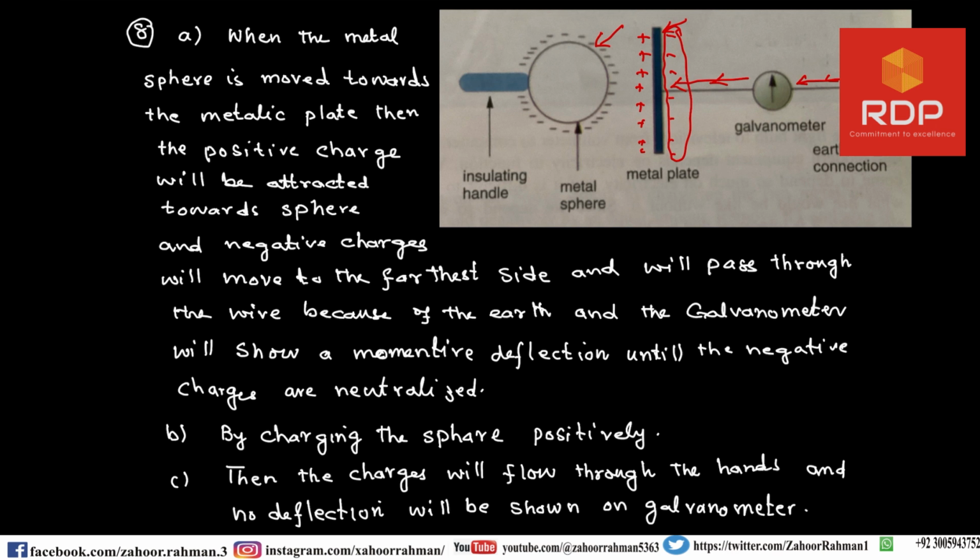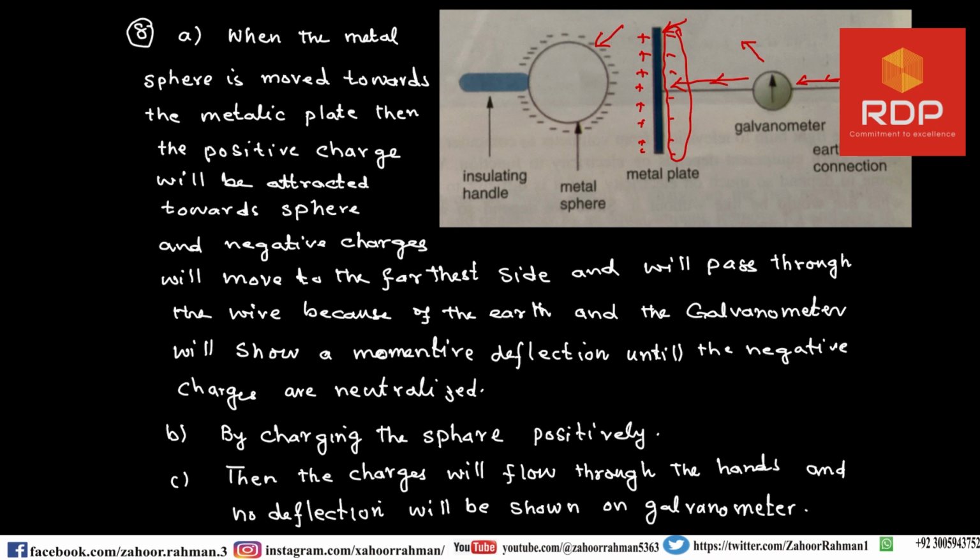So this pointer will show a deflection like this, but that will be a momentary deflection, not a permanent deflection. For a short interval of time it will show deflection, and it will again come back to its zero position very quickly.